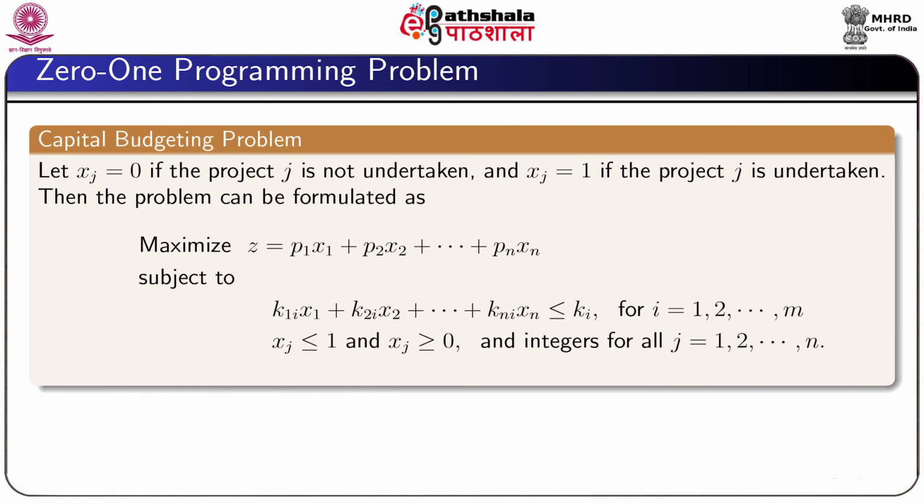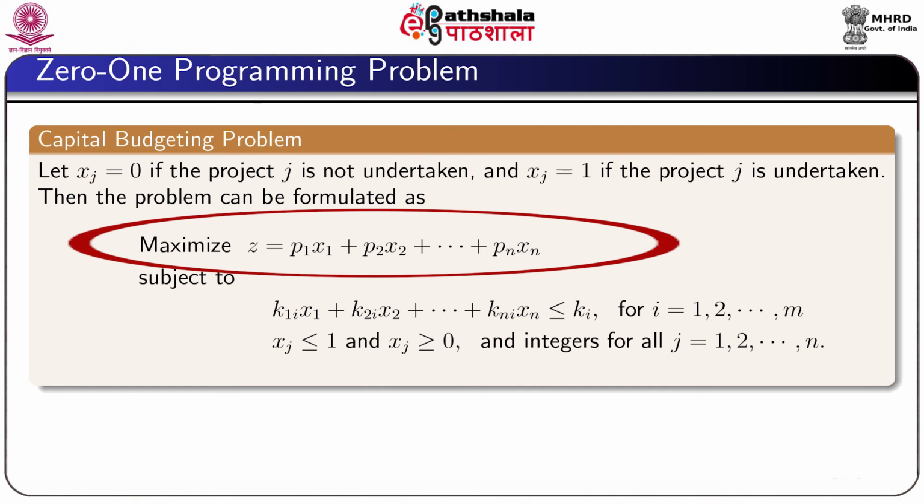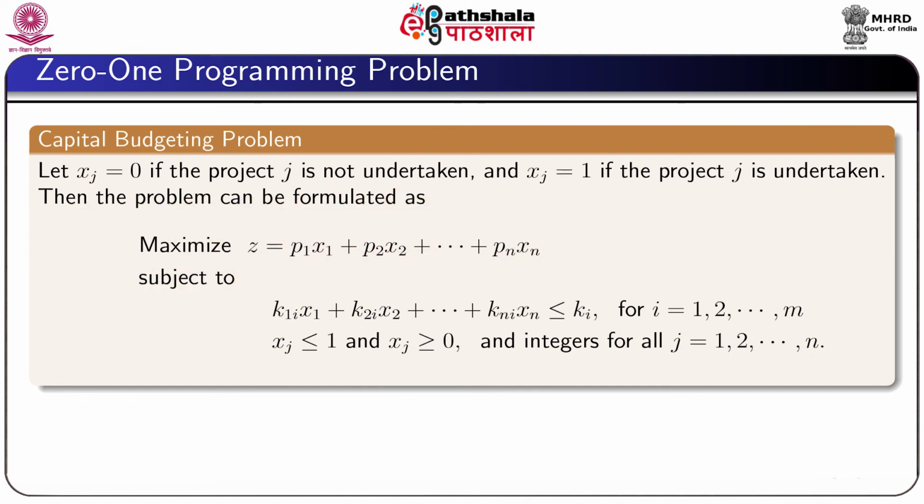Then we can formulate the problem as maximize z equal to p1 x1 plus p2 x2 plus dot dot dot plus pn xn, which represents the present value of all future projects, subject to the constraint k1i x1 plus k2i x2 plus dot dot dot plus kni xn less than or equal to ki for i equal to 1 up to m, and xj less than or equal to 1, and of course, xj greater than or equal to 0 and integers for all j equal to 1 up to n.